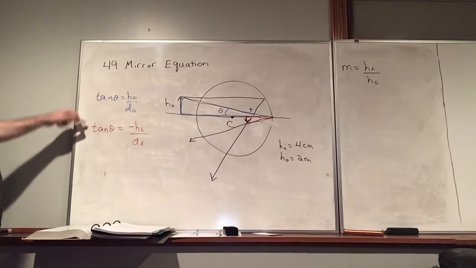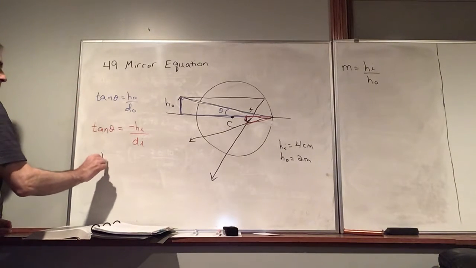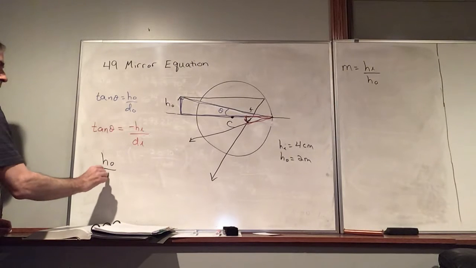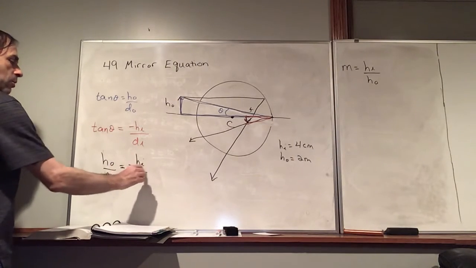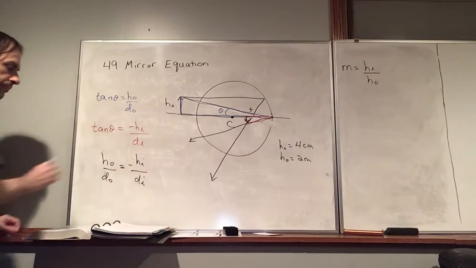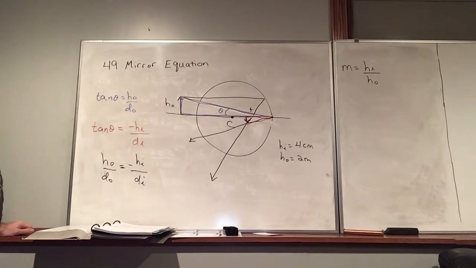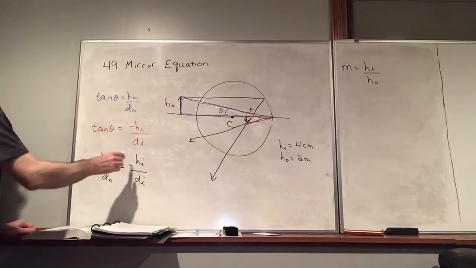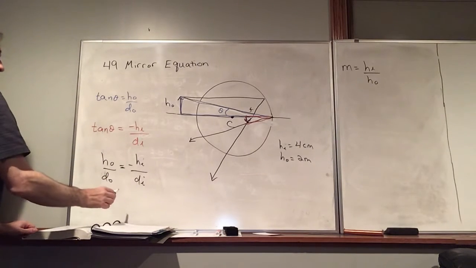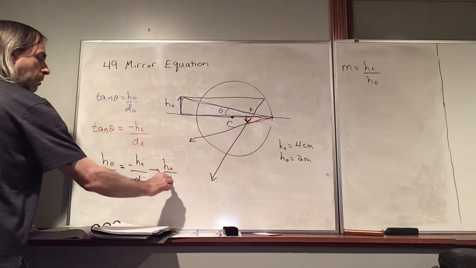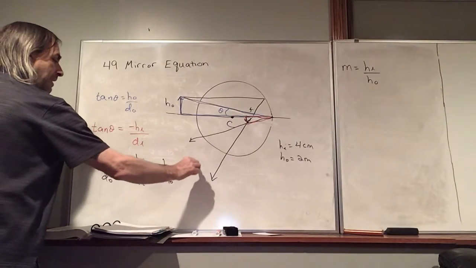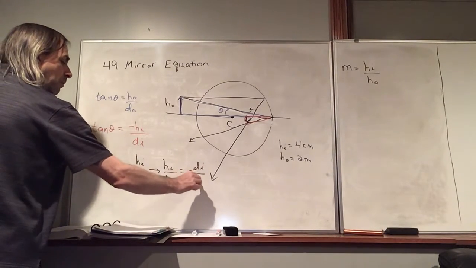And if we set these equal to each other, we have HO over DO equals minus HI over DI. So if we solve this, we want HI over HO. That'd be minus DI over DO.